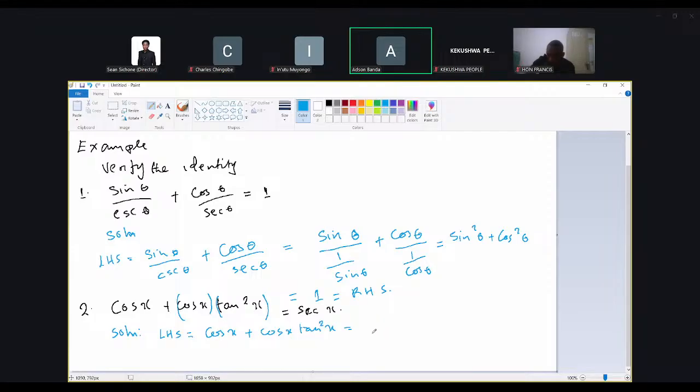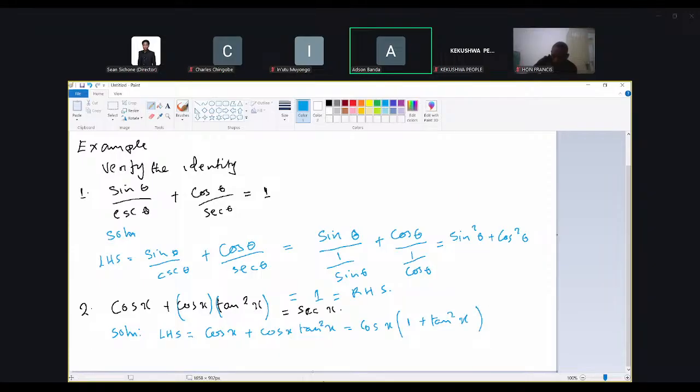In this case, first of all, before I go further, we can see that the cosine of x is actually common to both terms. So we can factorize this and get 1 plus the tangent of x squared.